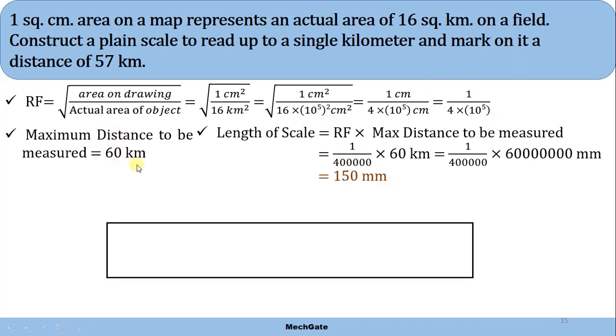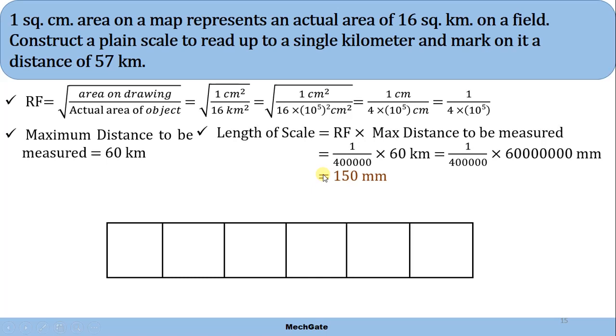Now the maximum distance to be measured is 60 kilometers, so we have to divide the 150 length into 6 equal parts. Each part will be of 10 kilometers, isn't it? So let's divide it into 6 equal parts. 150 divided by 6 is 25 each, that we can easily divide using a scale.